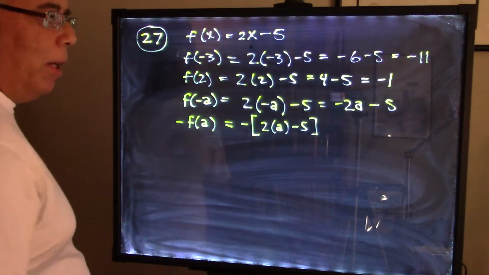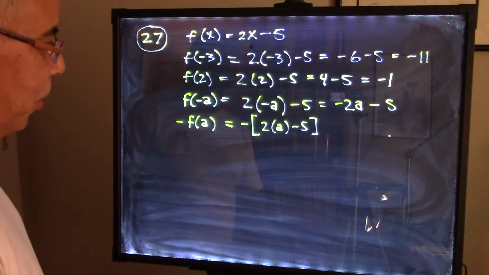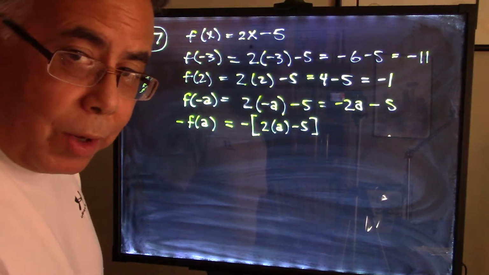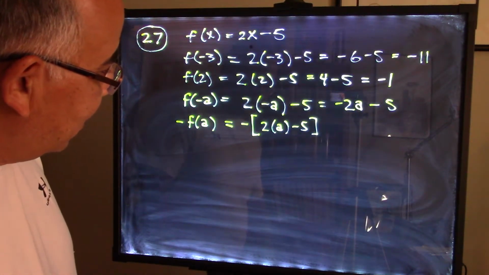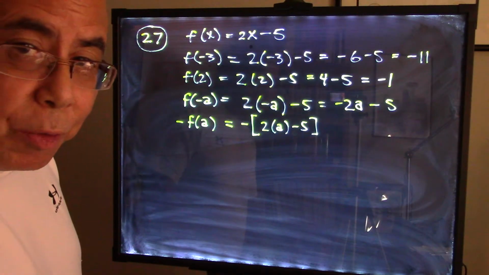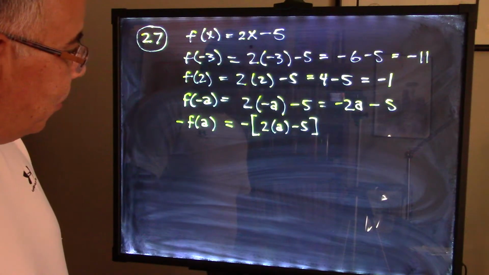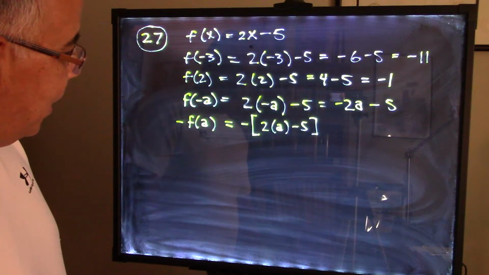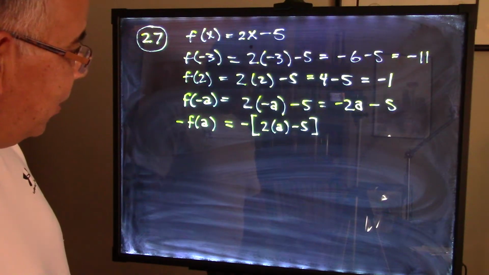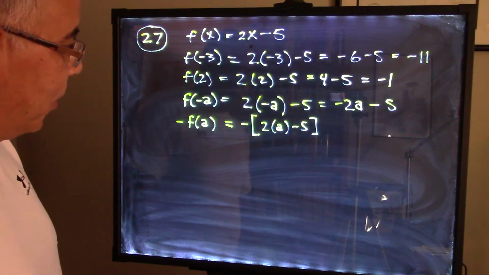Parentheses, brackets, they basically are the same. You could use all parentheses if you want. In fact, if you get into more advanced mathematics, you'll see a lot of that just using parentheses. And it can get a little confusing. So this is why we start you out in math using different kinds of grouping symbols, just so we can keep track of what's going on.